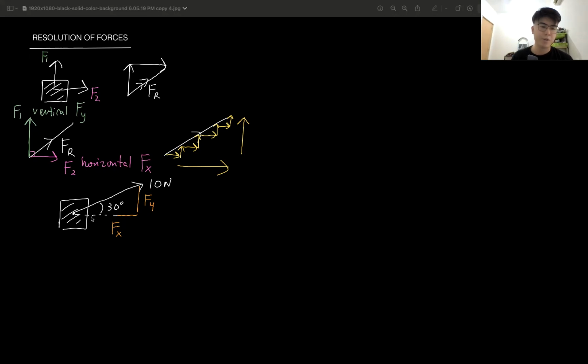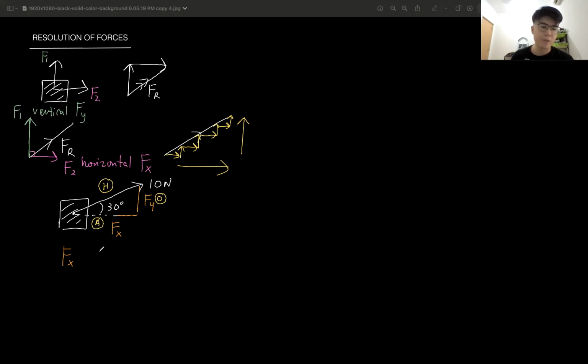Sine, cos, tangent. So if you want to find Fx, what do you do? Which one is your hypotenuse? This is your hypotenuse. This is the adjacent side, and this is your opposite. Okay, so here I want to find Fx, so that is the adjacent, and the hypotenuse is given.